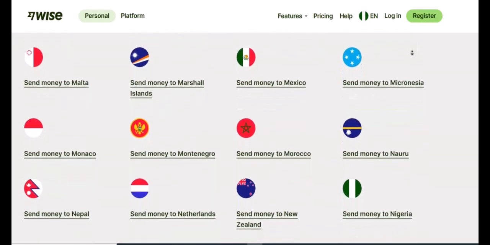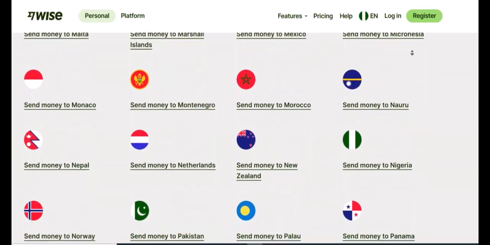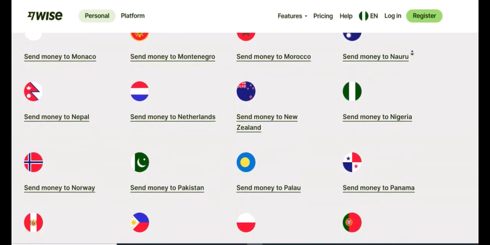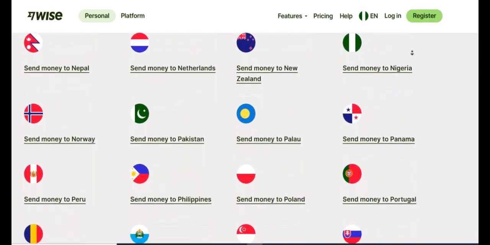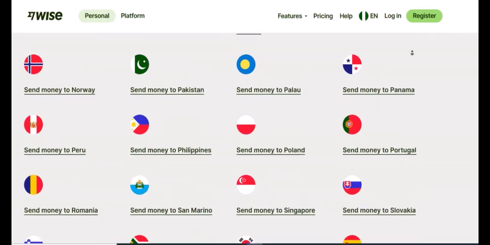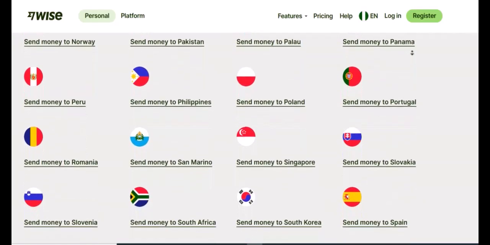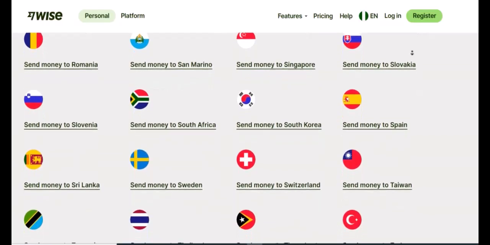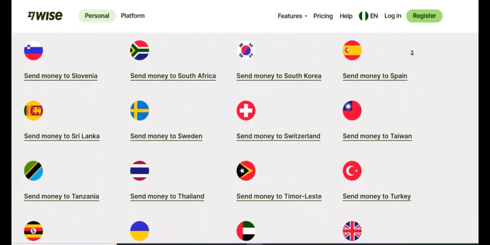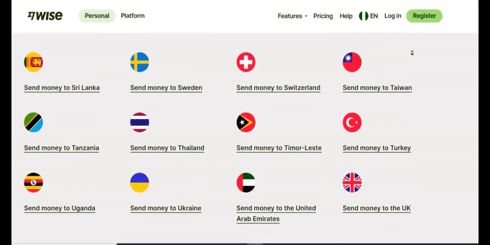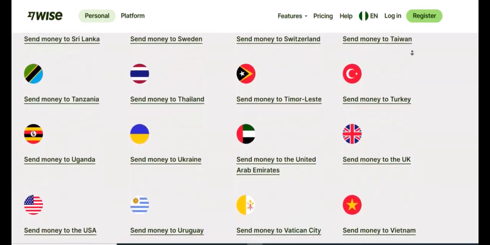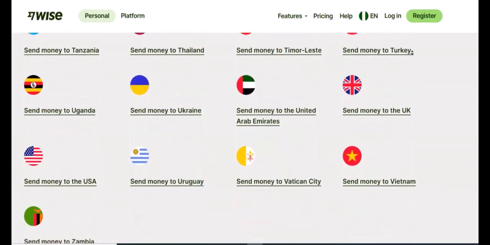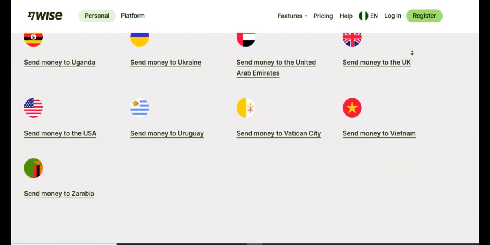This means you can provide your Wise account details, for example your UK sort code and account number, or your Euro IBAN, to a company within those regions, and they can set up a recurring payment to pull funds directly from your Wise balance. This is similar to how you'd pay a utility bill, phone bill, or subscription within your own country.